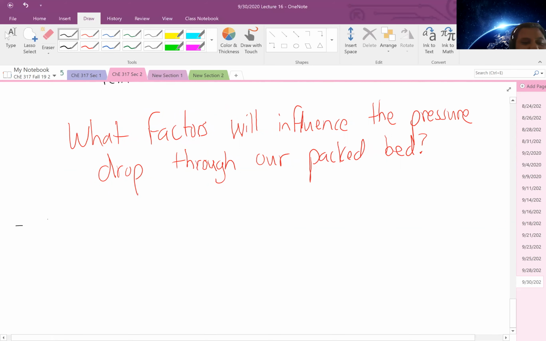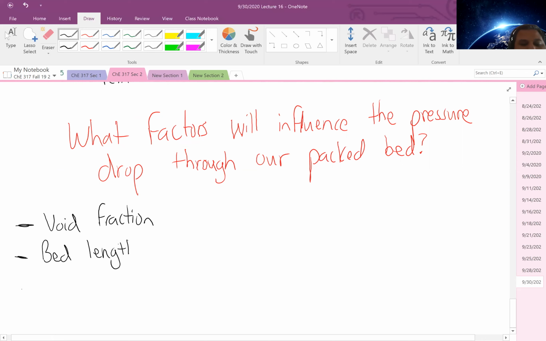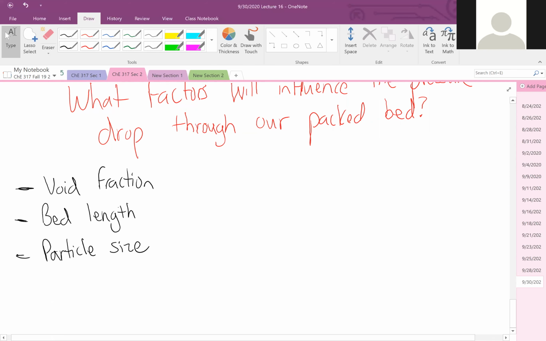Void fraction, yes. The length of the bed and the size of the particles. So the bed length, particle size. What else? The shape of the particles. Yes.